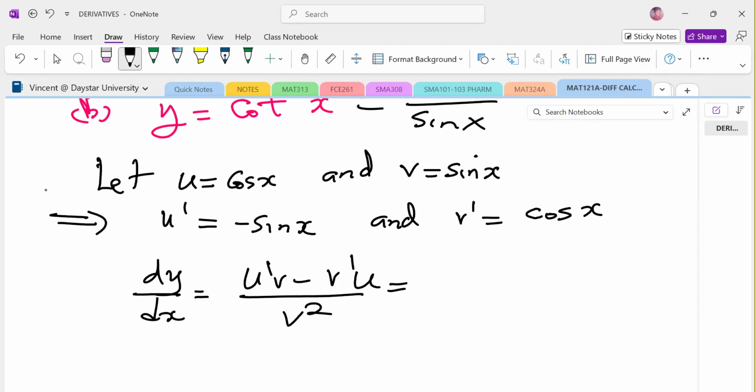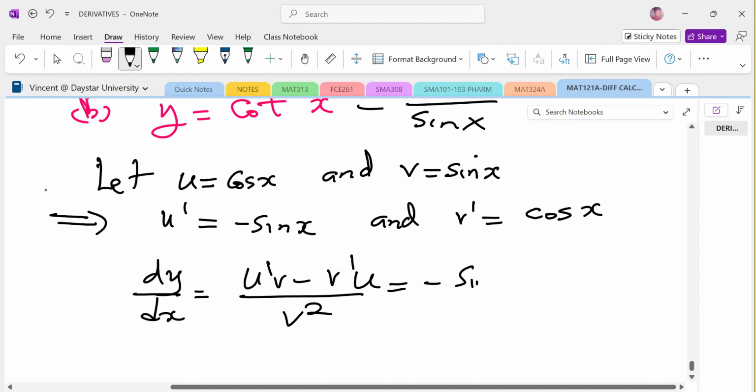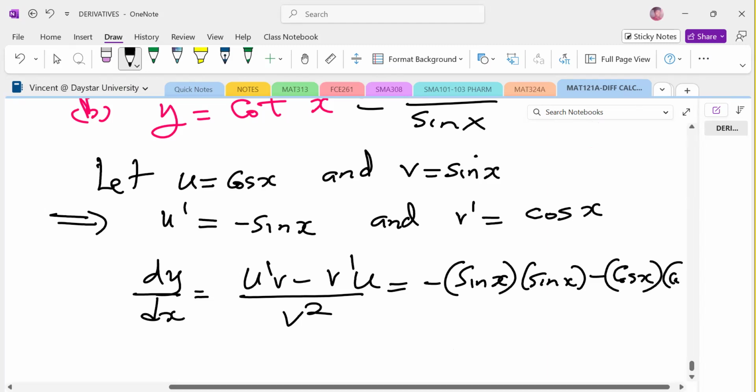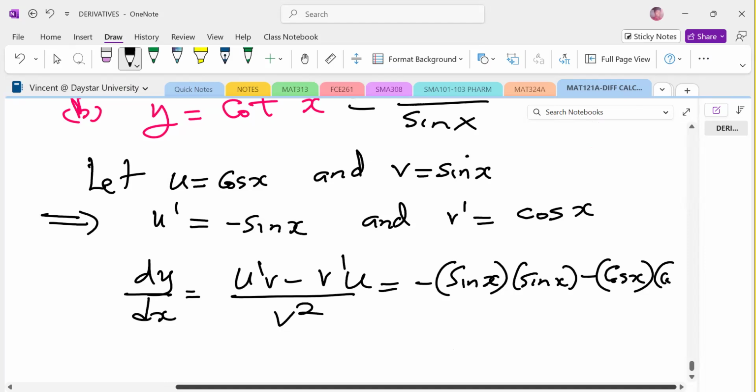So I'll have minus sin x times sin x, then minus v prime is cos x, u is cos x, so cos x times another cos x, divided by the square of v, so sin x squared.